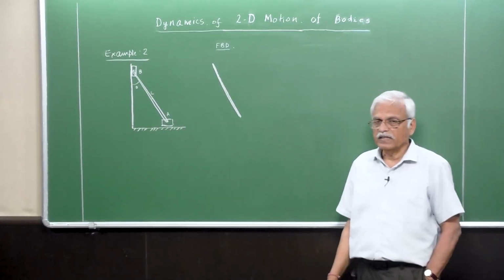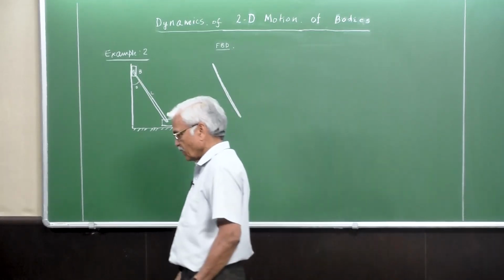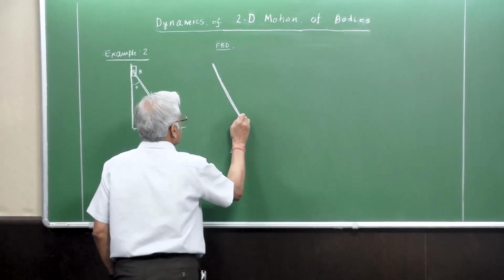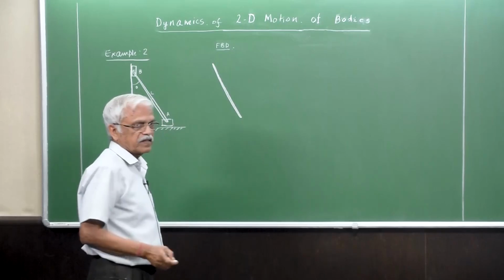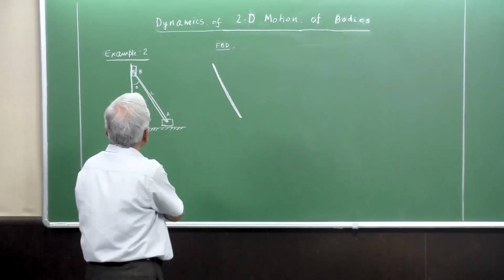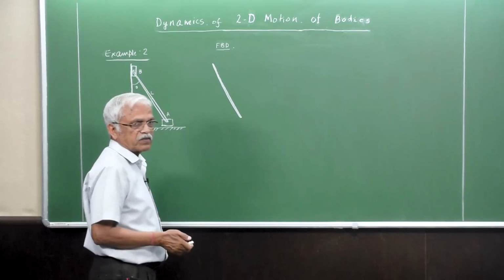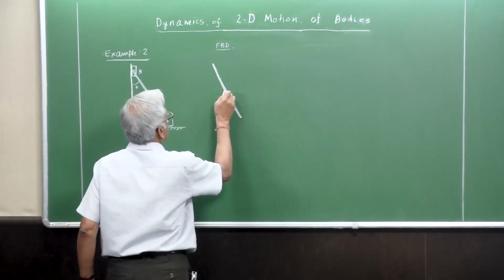We should completely understand when you free the body from its surroundings, we show it as a diagram, together with its interactions with the neighboring bodies to which it was in contact. So what is their effect? In particular, we want to show the internal forces as external forces on this one.